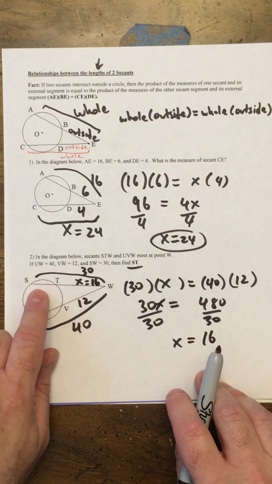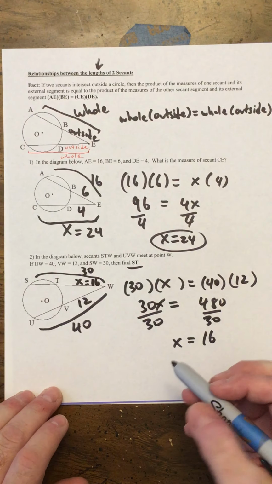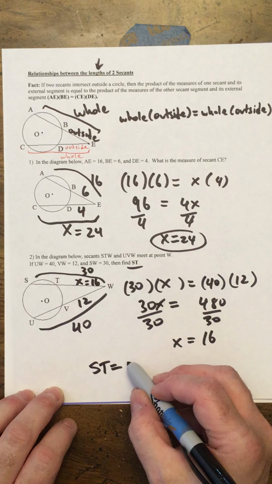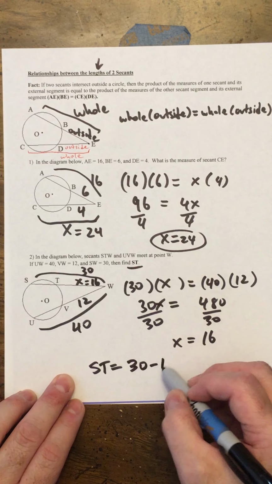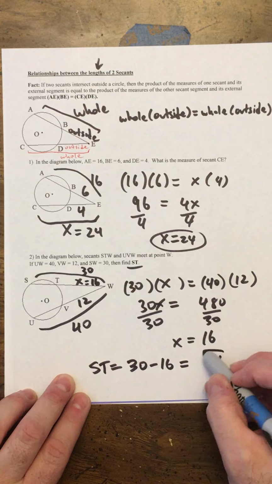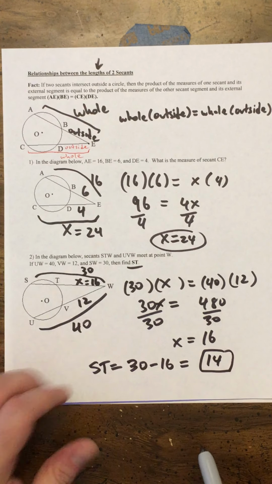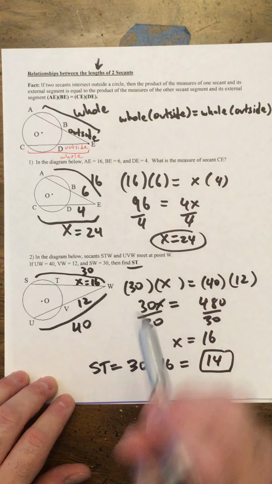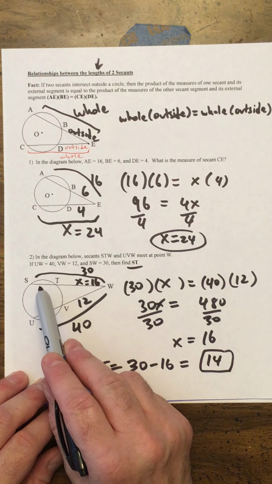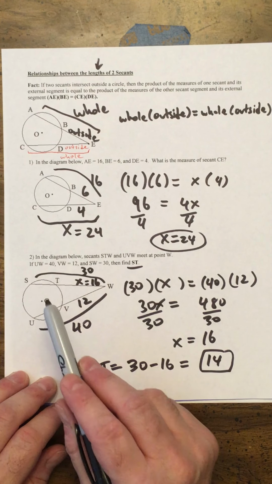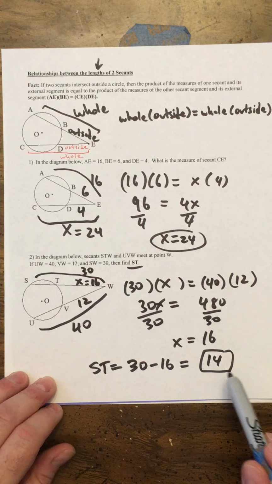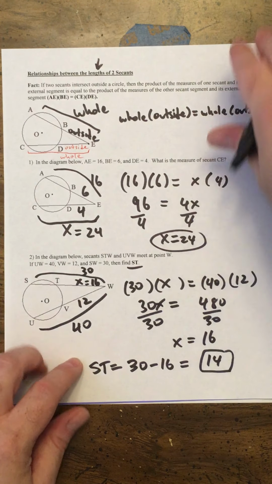But it asks us to find ST. Well, we're going to have to come back and do that now. ST is equal to the whole minus the external part, and that's going to give us the internal part, the ST part, which is 14. So bear in mind that the formula doesn't allow you to use the internal parts directly. You'd have to go about it afterward like I had done here.